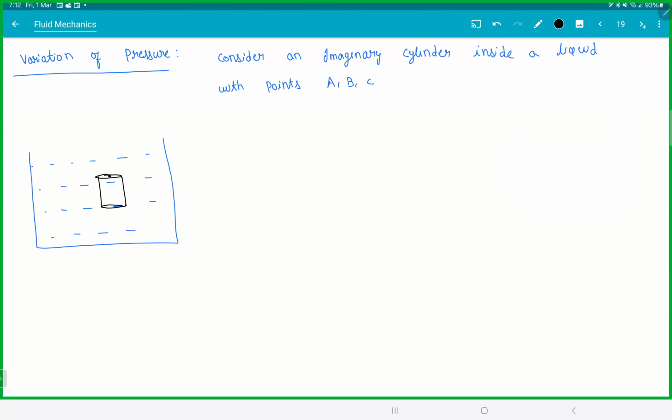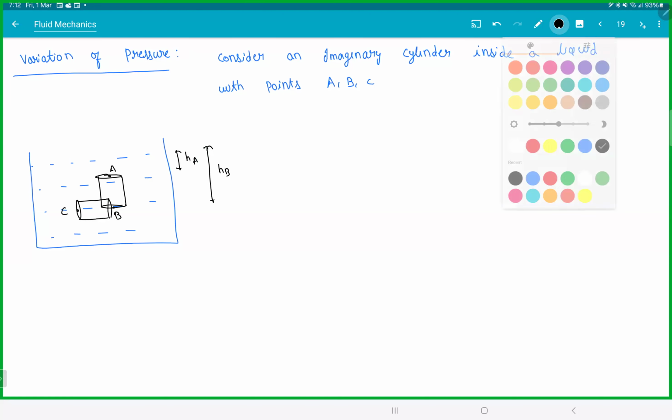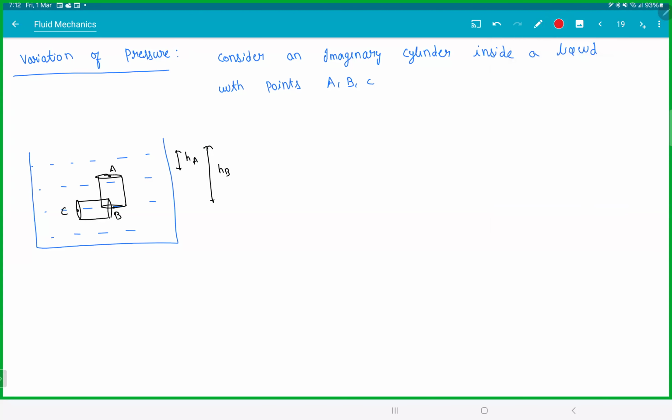It's an imaginary cylinder. Let this point be A. Let this point be B. Let this height be HA. Let this height be HB. I will take one more cylinder here and let this be point C. Outside, the pressure is P naught.